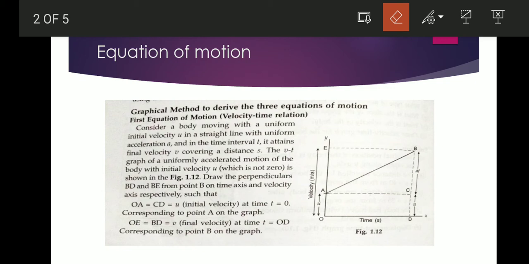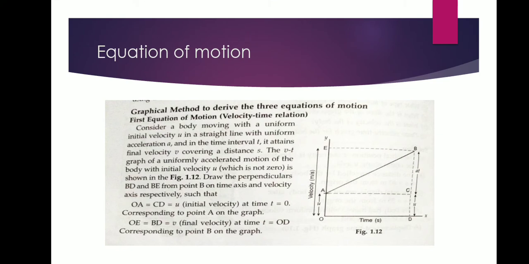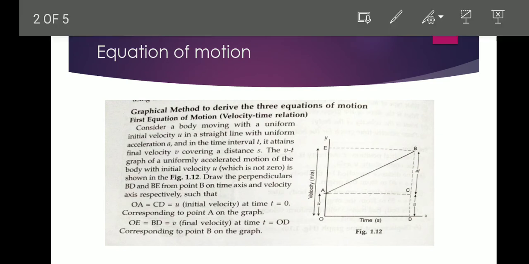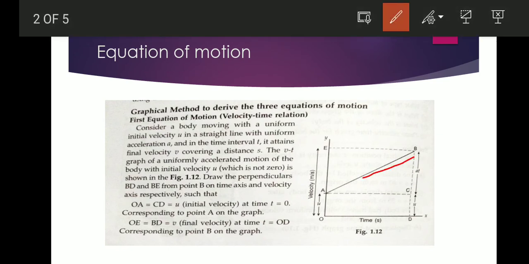Here we have a trapezium, and to find the distance covered by the body, we have to find the area of this trapezium. How will we find the area of a trapezium? Here we have a formula.